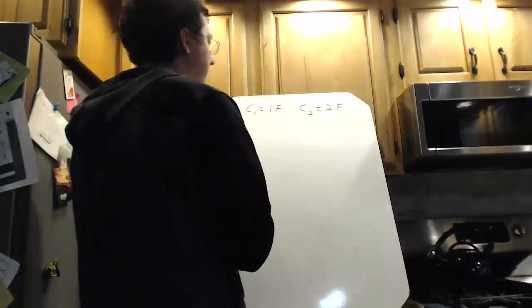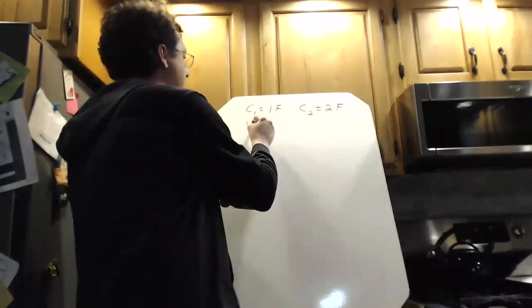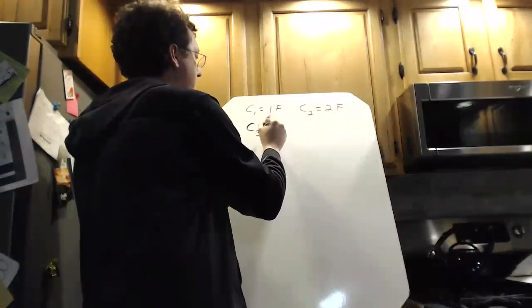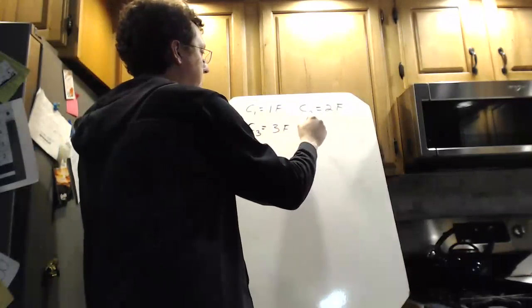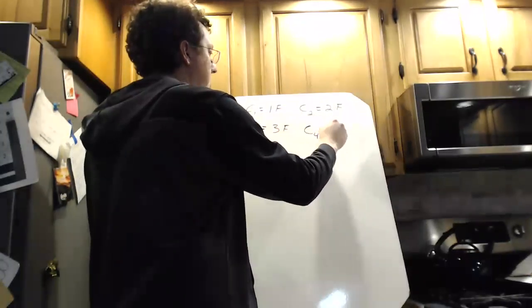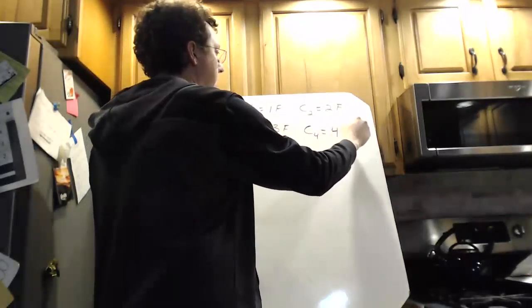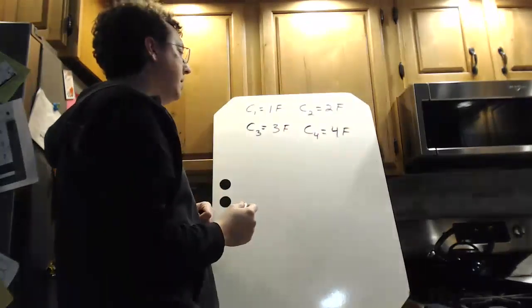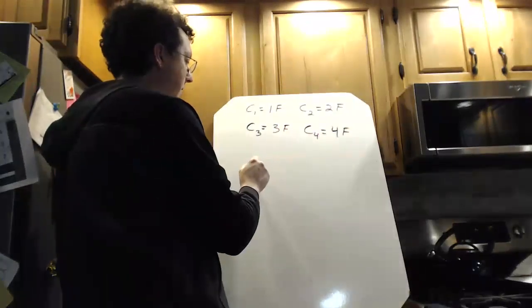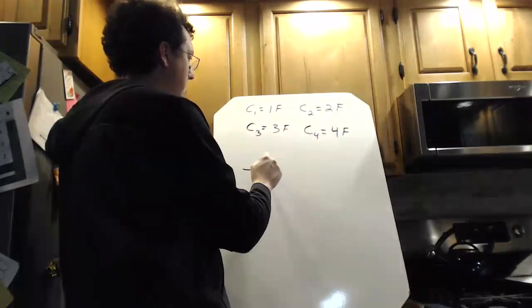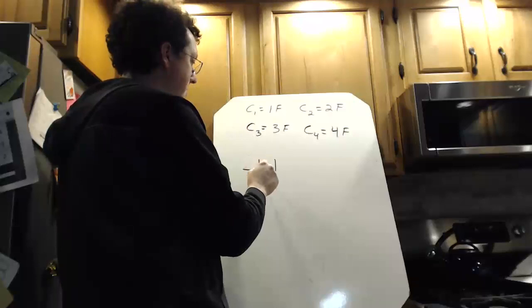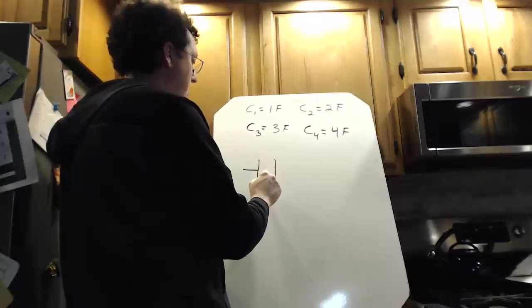I'm going to have two more. So I'm going to have C3 equals 3 farads. I'm going to have C4 equals 4 farads. And I'm going to build a more complicated circuit. So let's imagine I had a capacitor. We'll say that this is C1.